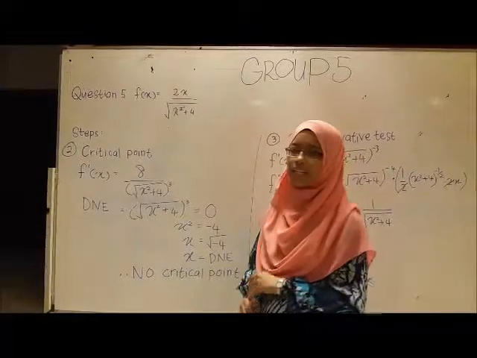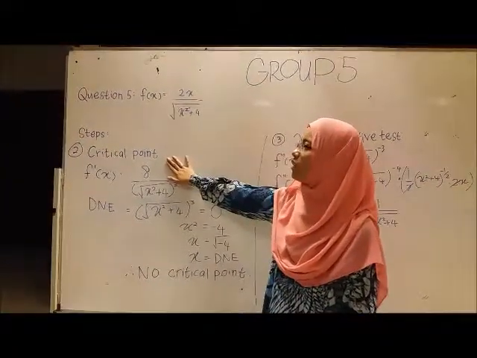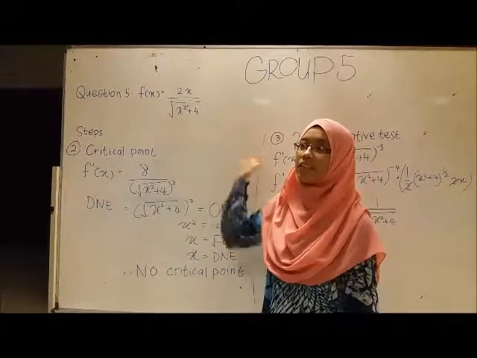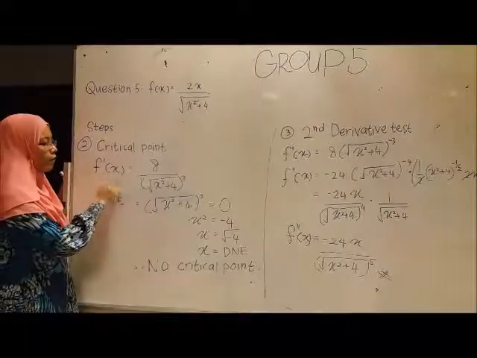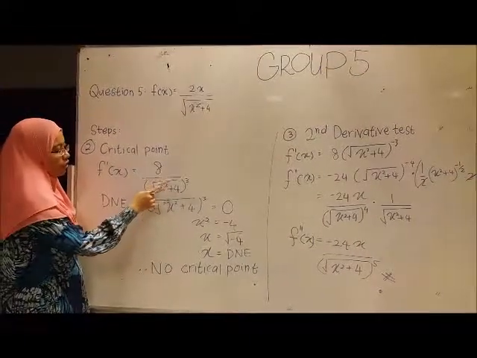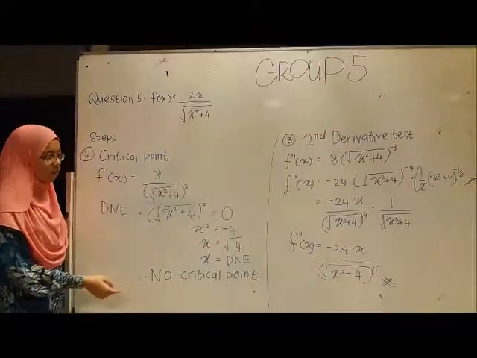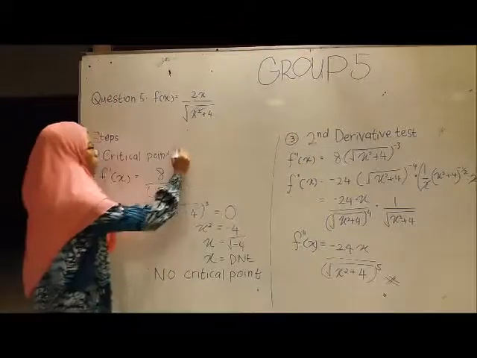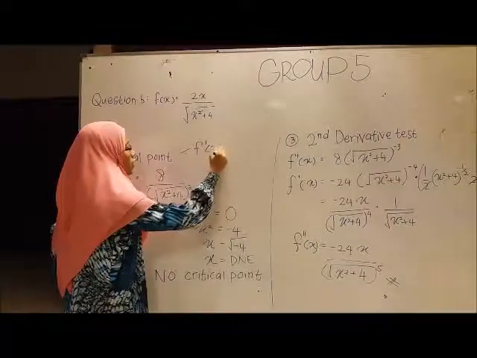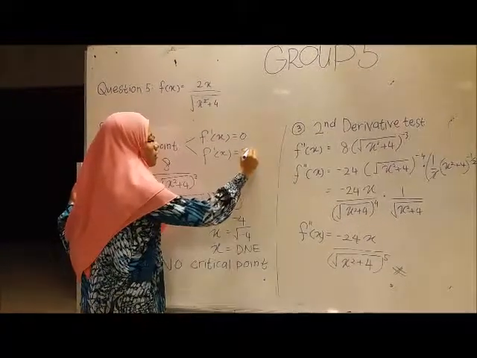This is the second step, where we want to find the critical points based on the first derivative test. In the first derivative test, we have f prime x equal to 8 over the square root of x squared plus 4, to the power of 3. A critical point occurs when f prime x equals 0 or when f prime x does not exist.